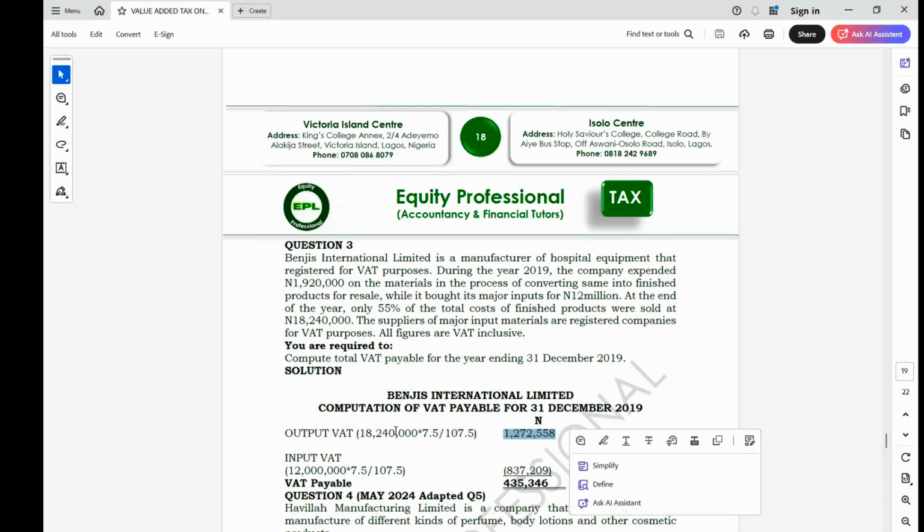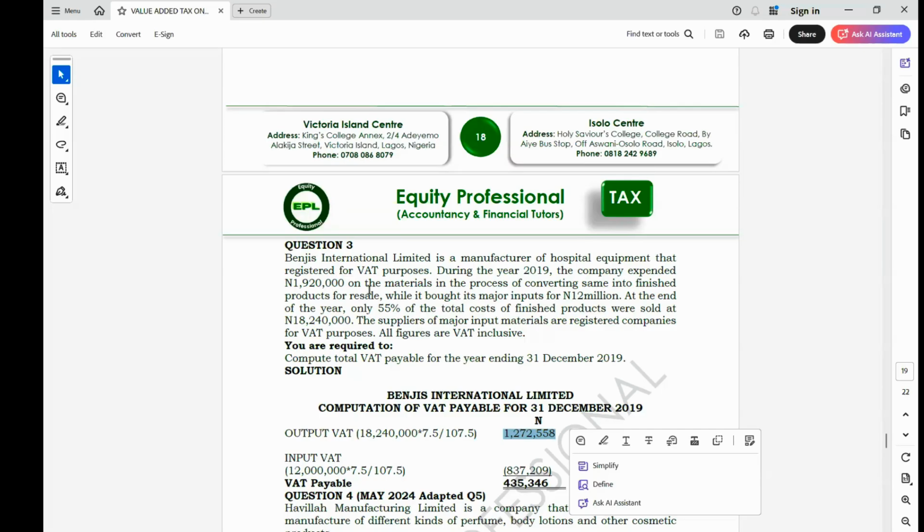We are also going to less input VAT. Our input VAT will now be VAT on purchases. There's also a line here that says during the year, the company expended 1,920,000 on the material in the process of converting same into finished products.